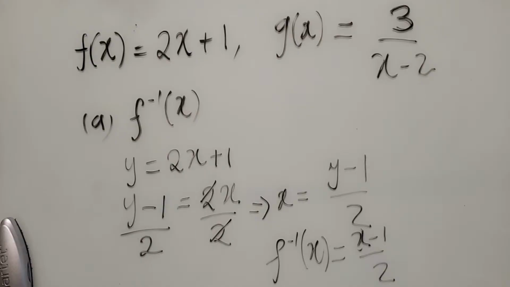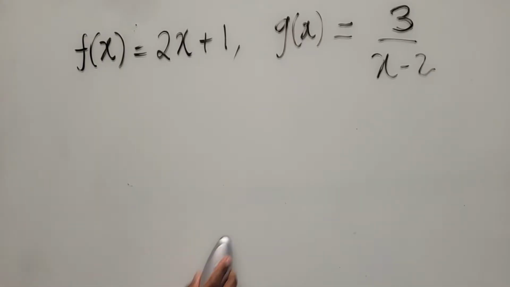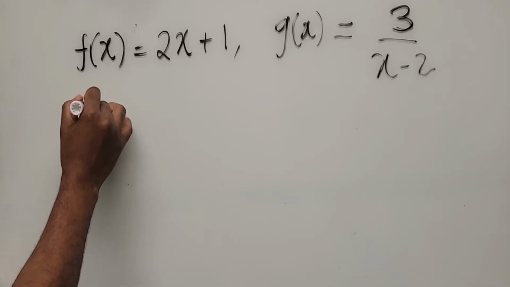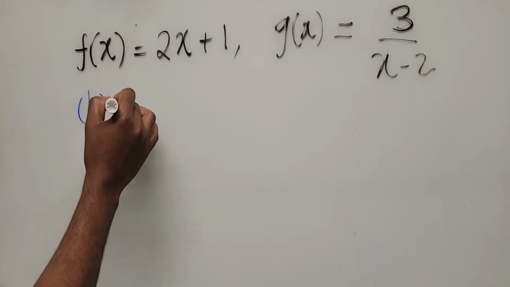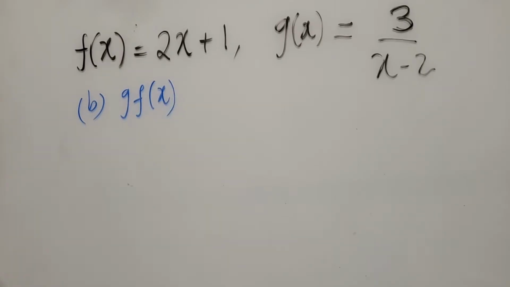Okay, so let me know in the comment section if that is clear. Then the next problem, the same one. So let us just erase this and write b. For b, we're looking at g of f of x.